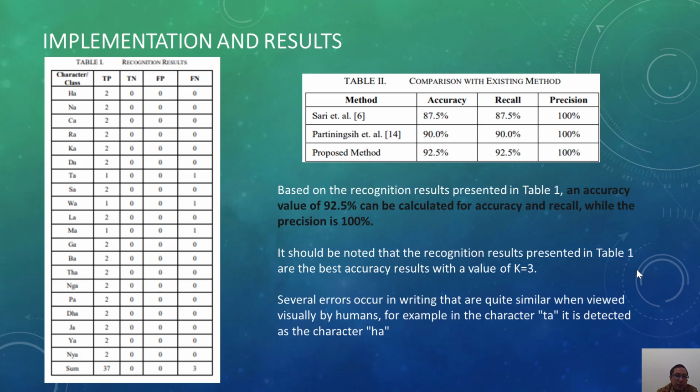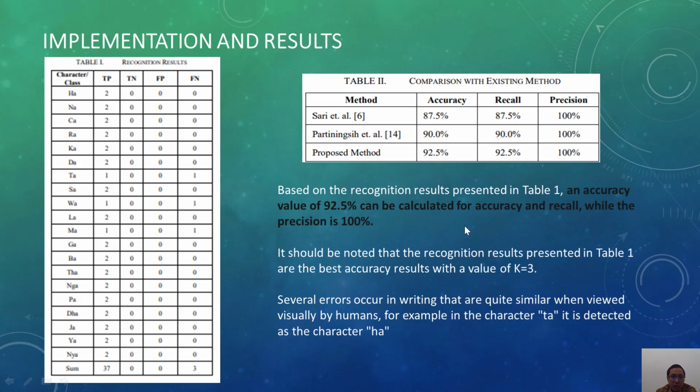This is our implementation and results. The table shows the recognition results for ho, no, co, ko, etc., and then TP, TN, FP, and FN.